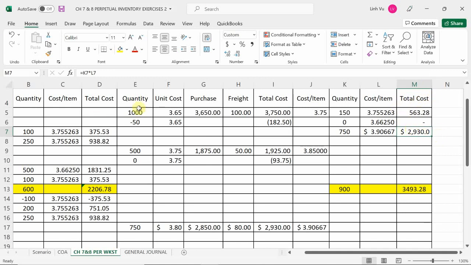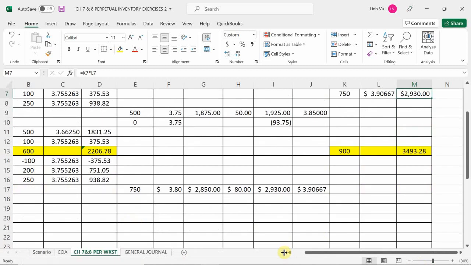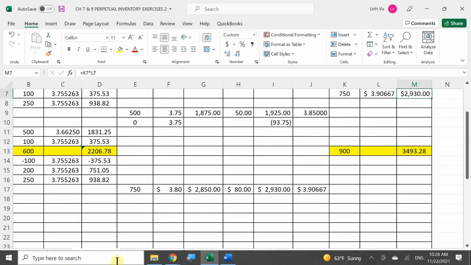I think my cell is just too small. Okay, there we go. $2,930 is what I should be at right now. So in this case, now I have a grand total of 900 units that I can sell for $3,493.28. Okay. So there we go. I have a new purchase price of $2,930.